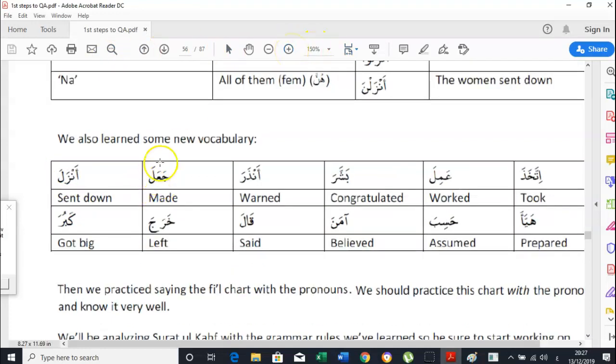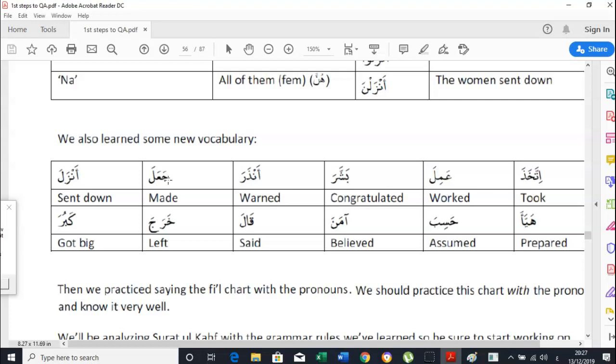So you have the word ja'ala, which means made. How would I say both of them females made? Ja'alata. Yeah, good. We made. جعلنا. Very good. I'm talking to a female. I say you made. جعلتي. Remember the third and second person.